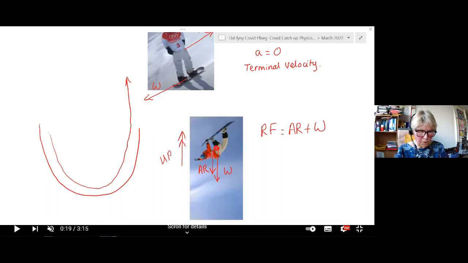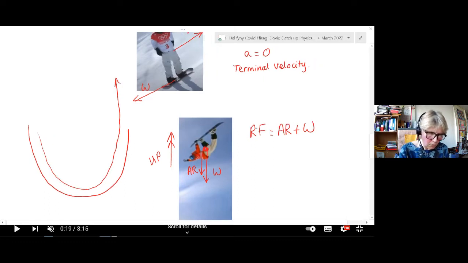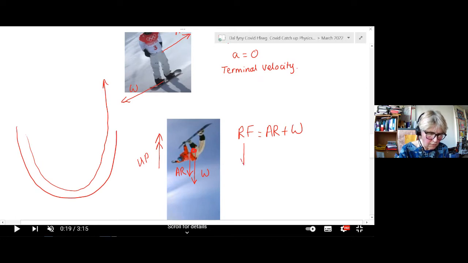And in this situation, because he's moving up and the resultant force is downwards compared to him going upwards, that means that his motion will change, and your force equals mass times acceleration.